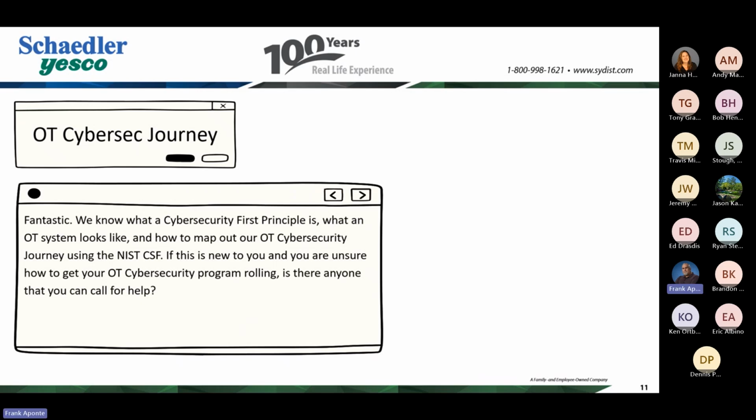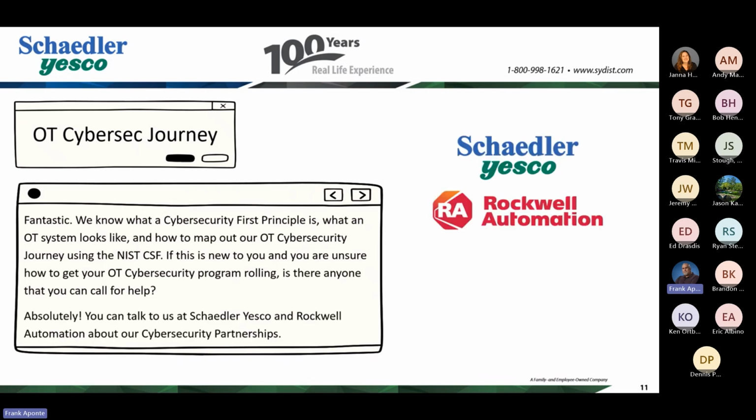So we've kind of looked at first principles. We looked at OT. We know what our cybersecurity journey looks like using the NIST cybersecurity framework. If you're unsure of where to get started with this, I would invite you to call us, because if you're looking for somebody to help you, absolutely have us help you with that.